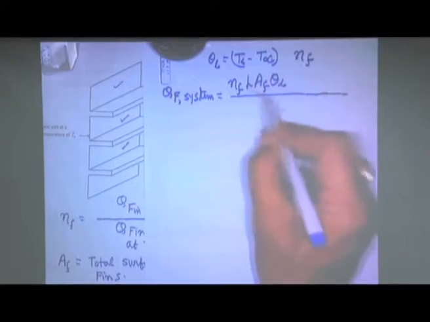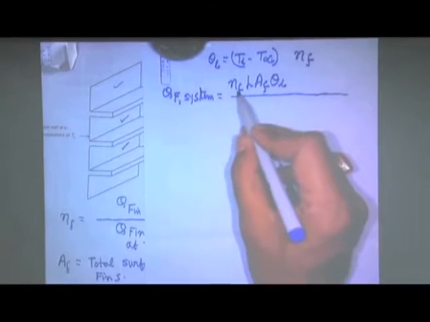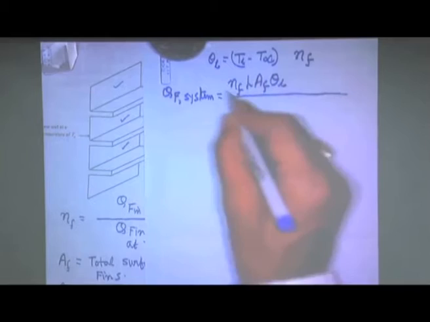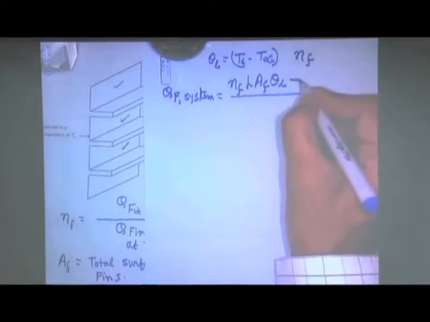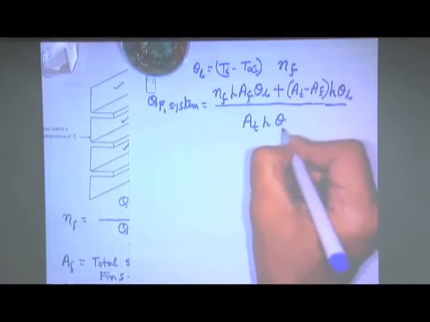So this is the ideal heat transfer, and this is multiplied by the fin efficiency of the individual fin as defined earlier, giving the heat transfer from all the fins, plus the unfinned portion, that is AT minus AF, that is the area, into h into theta B. The denominator will be the total area AT into h into theta B.